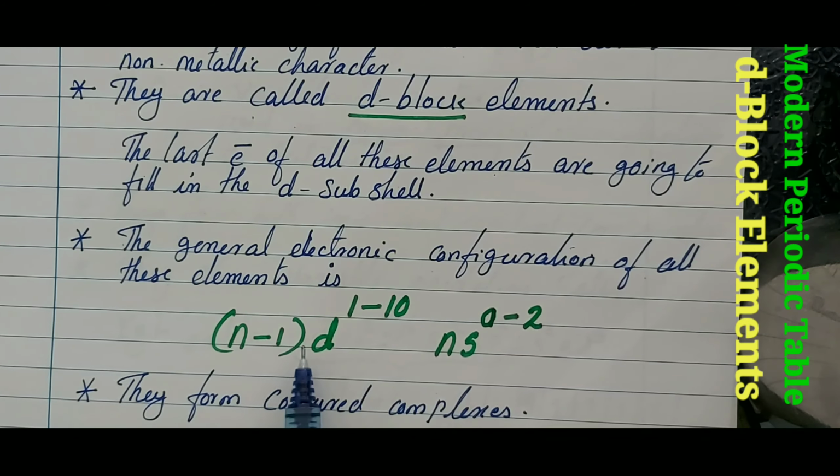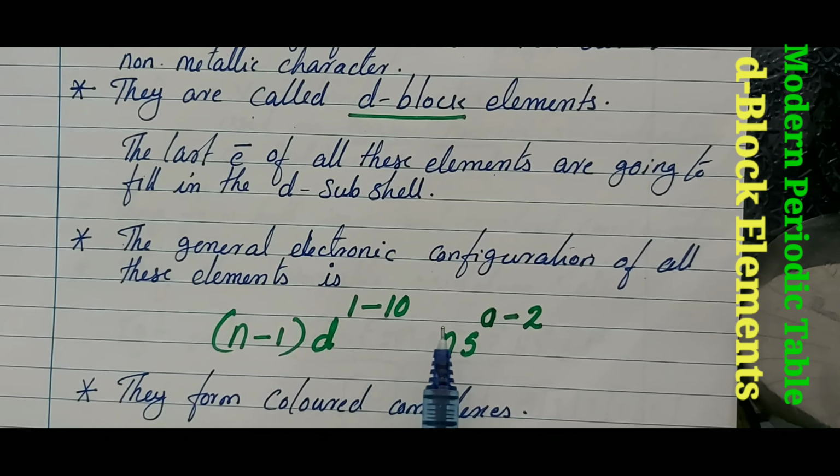Now you can see n-1. Suppose your n value is 4. That means your shell is the N shell. So what will be the n-1 shell? The third shell, that is the M shell. In the M shell or the third shell, d 1 to 10. That means the number of electrons present in the d orbital can vary from 1 to 10.